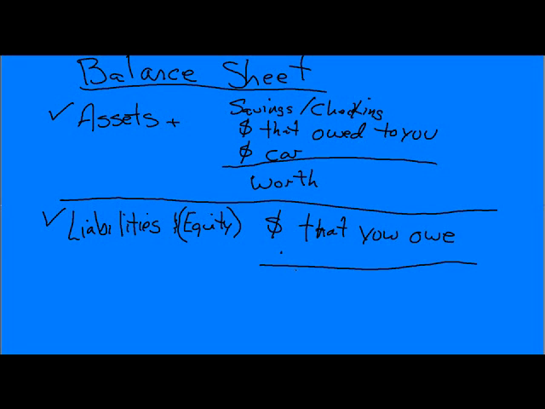I know it gets confusing, bear with me here, but let's say this was your $100,000 up here to the positive. Then down here, perhaps that could be $110,000 to the negative.